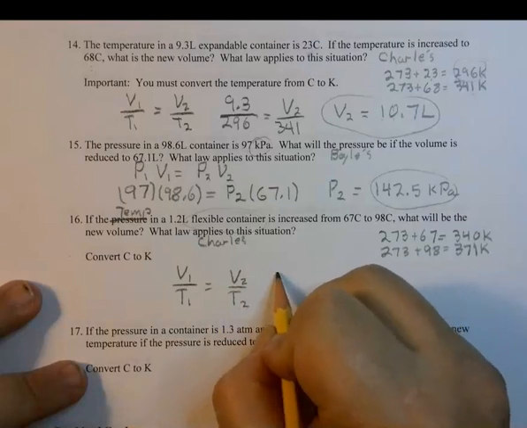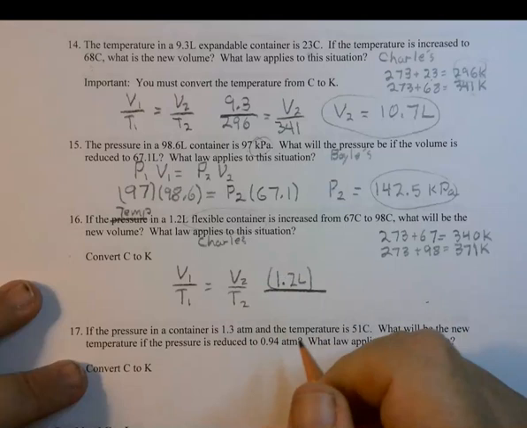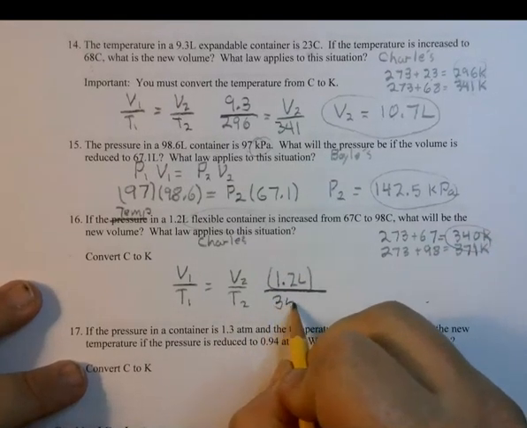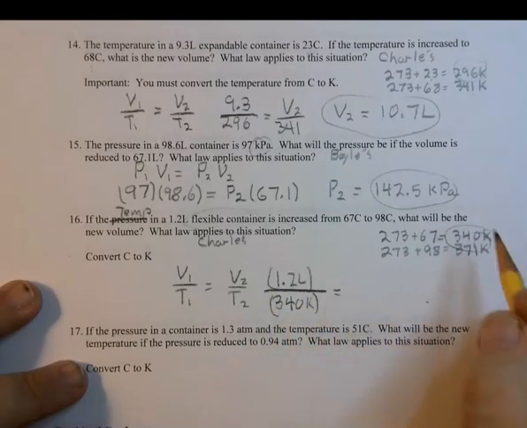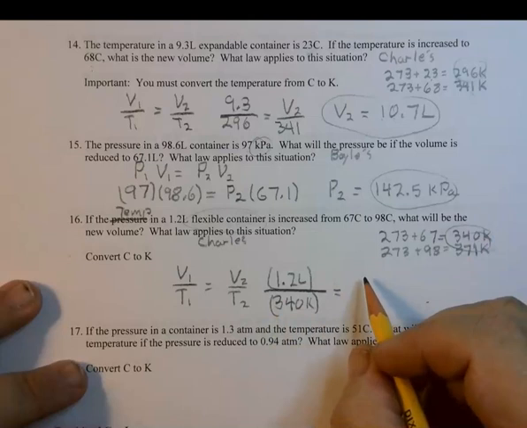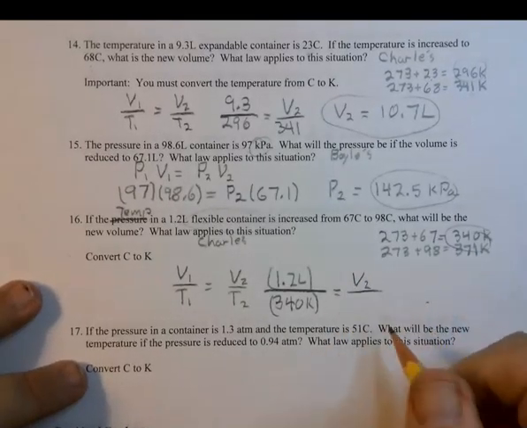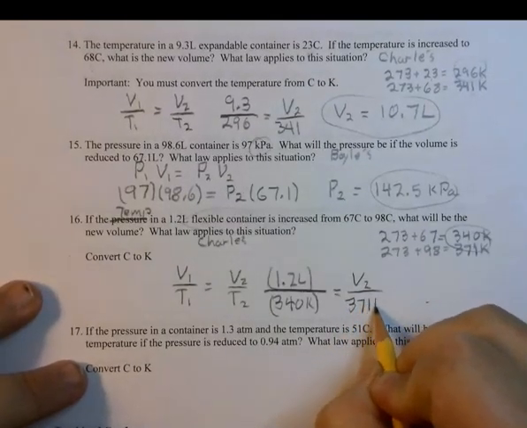So our initial volume is 1.2 liters. Our initial temperature is 340 Kelvin. Okay, our final volume is what we're looking for, V2. And our final temperature is 371 Kelvin.